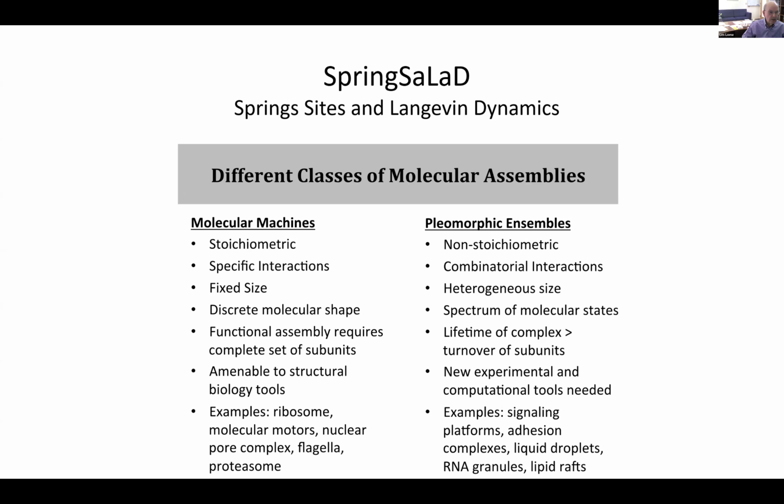There's a fixed size, which can be very large, like a ribosome, a discrete shape, and you can't make it unless you have a complete set of subunits. And you can use structural biology tools and even coarse-grained molecular dynamics to study these. And SpringSaLaD can be used to study them as well.